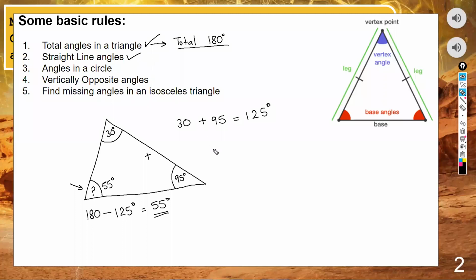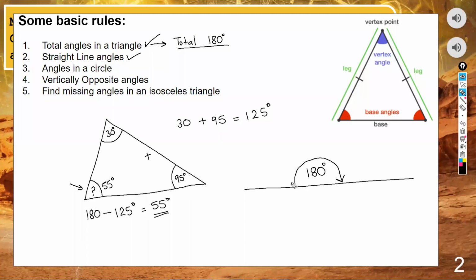Question part 2. Straight line angles. So let's talk about the angles in a straight line. If I have a straight line, the total amount of angles in a straight line is also 180 degrees. Something you would have also bounced up in SCA because that's on the SCA syllabus.